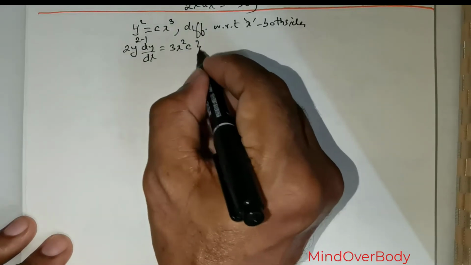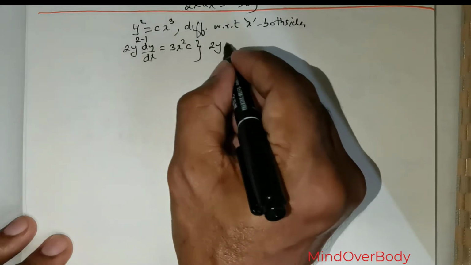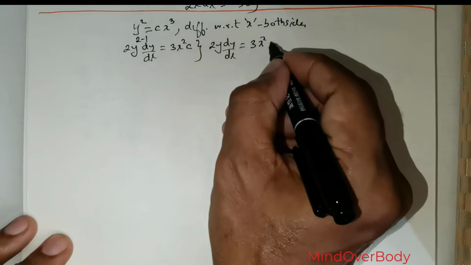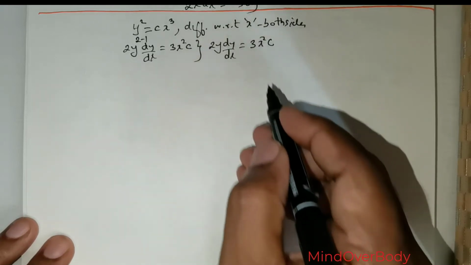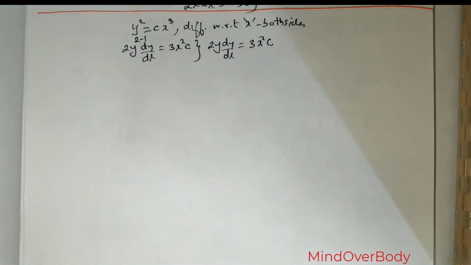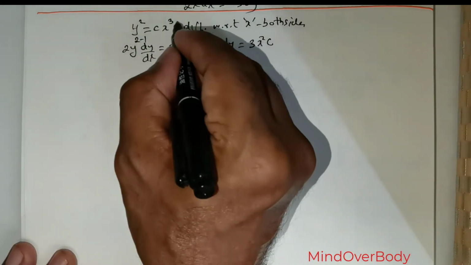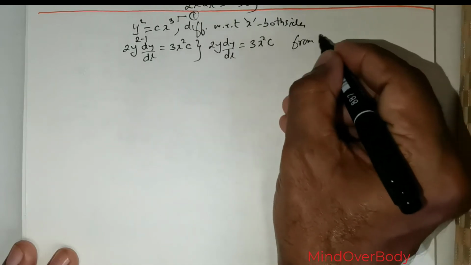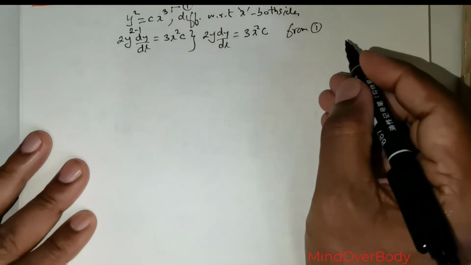I can further rewrite this as 2 times y dy over dx is equal to 3 times x squared times c. Now c is the arbitrary constant, so we will have to get rid of this c. So how are we going to get rid of this c? I'm going to take this as 1.